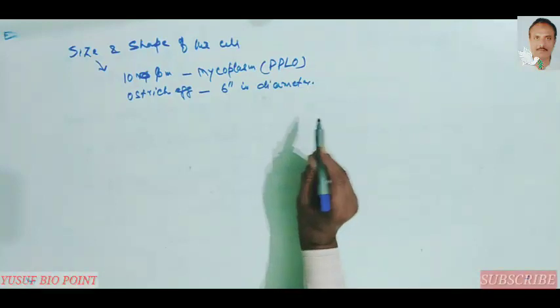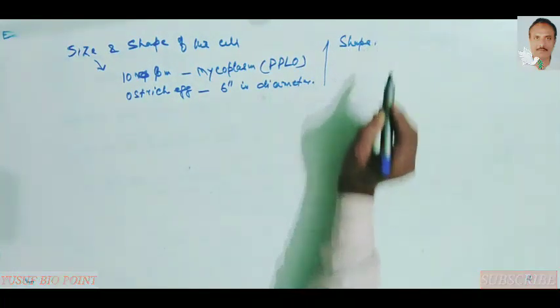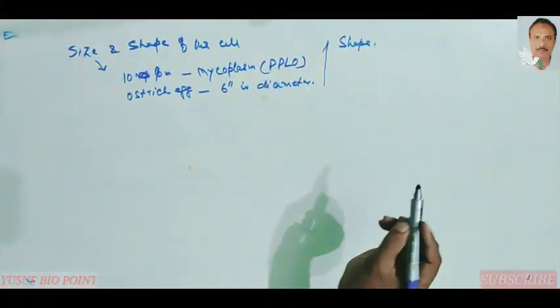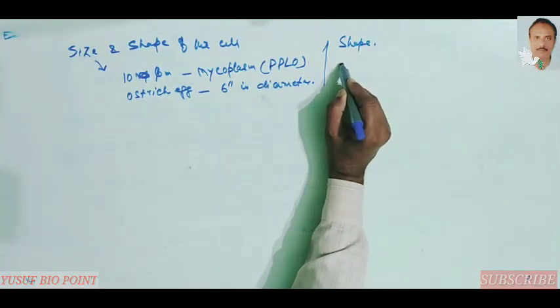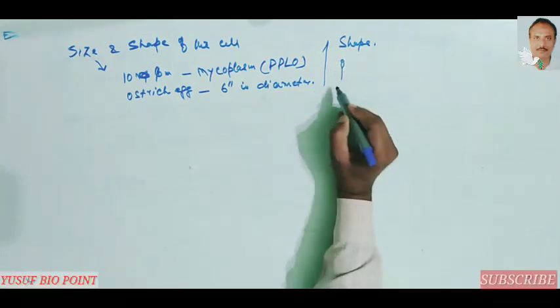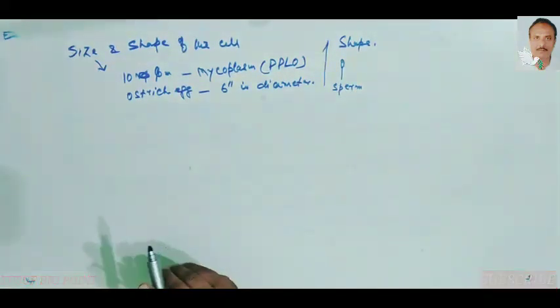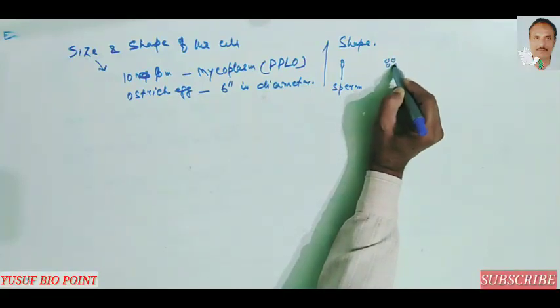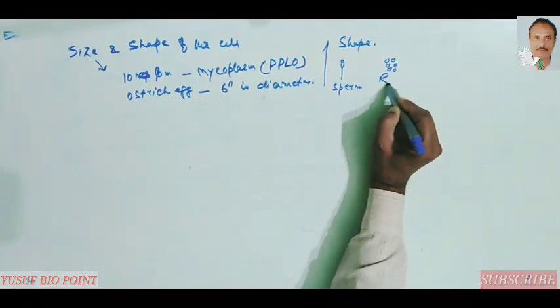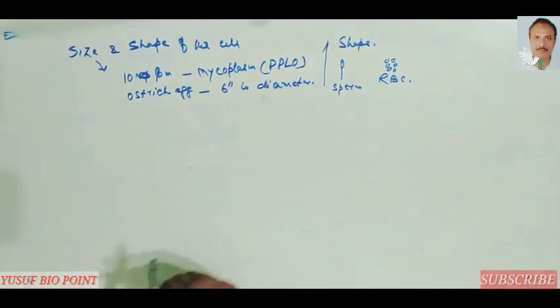The shape is also different. One is like this, that is sperm, which is one of the smallest cells. This is also one of the smallest in the human body.